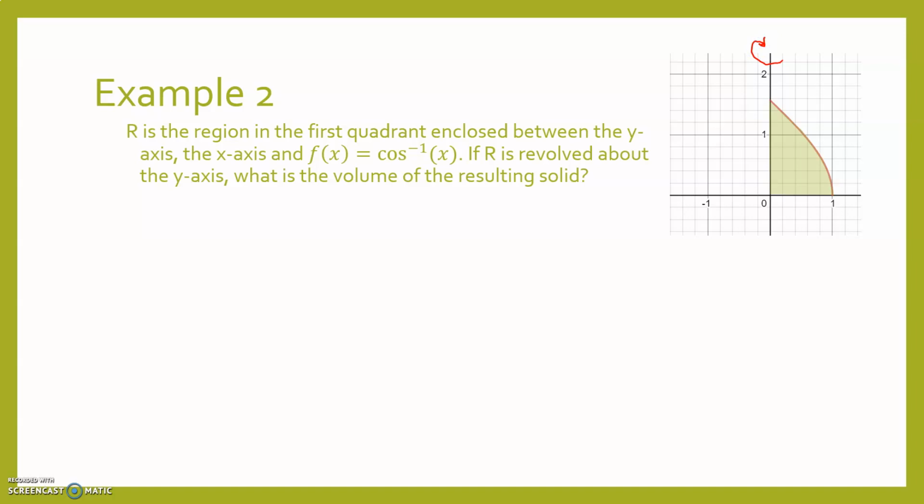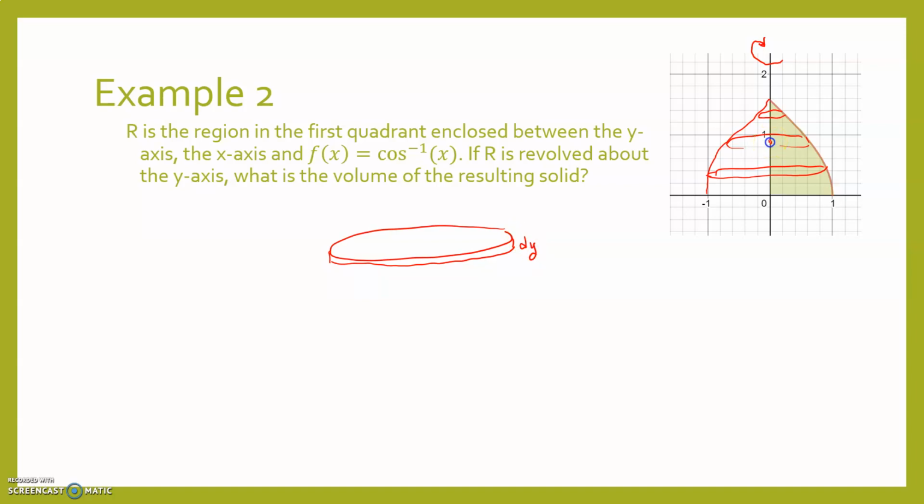I hope you can kind of picture that you're going to get a shape of a temple roof maybe out of that. And if I draw just one of my discs, the thickness of my disc this time, because we're spinning around the y-axis and we sliced perpendicular to the y-axis, is going to be dy.